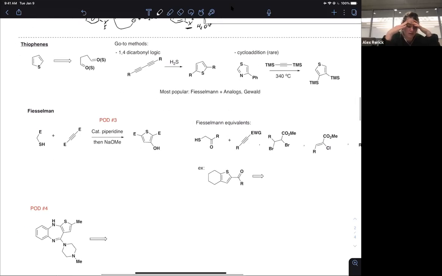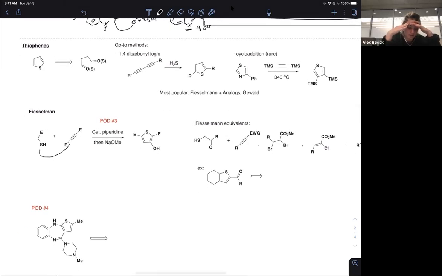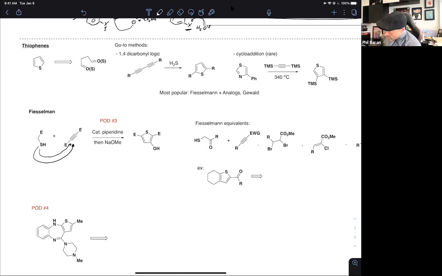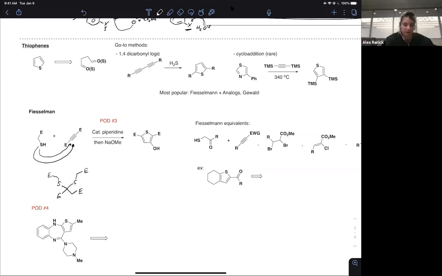So the sulfur will add into the alkyne. And I guess actually you'll have double addition, 2 equivalents of sulfur adding in. Okay, you save some steps, so I'll just draw the adduct directly. Okay, now what? And then pyridine gets there, and now we do something else.